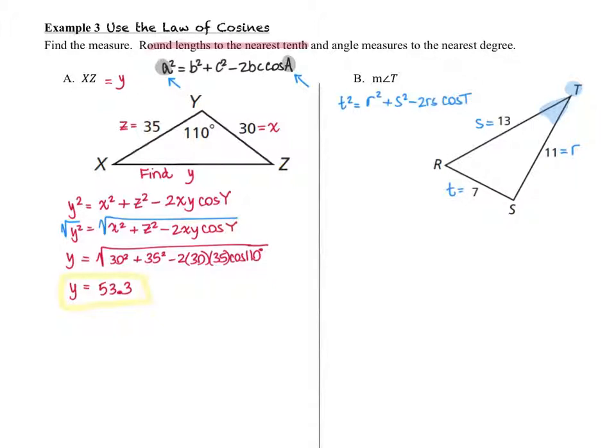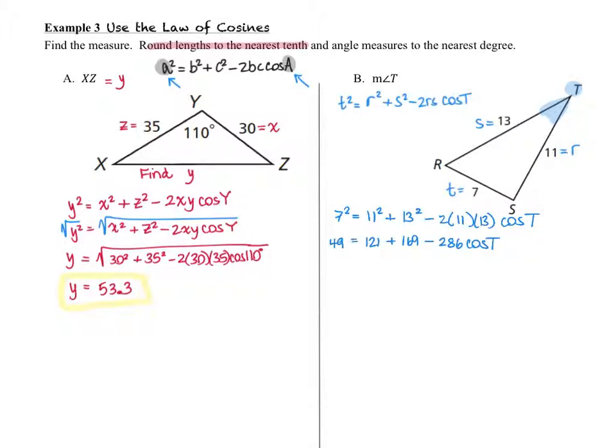Solving for the cosine of angle T is going to be a little bit more algebraically intensive, so I'm actually going to plug in now, and then we'll rearrange with actual numbers in the equation. So T squared is 7 squared equals R squared, 11 squared, plus S squared, 13 squared, minus 2 times 11 times 13 times the cosine of angle T, which is the one that we are missing, so that stays as a variable.